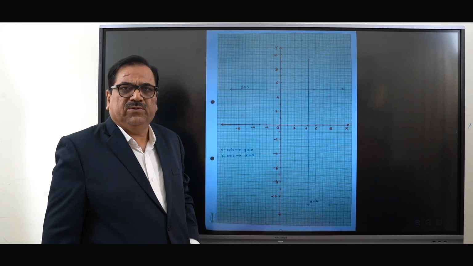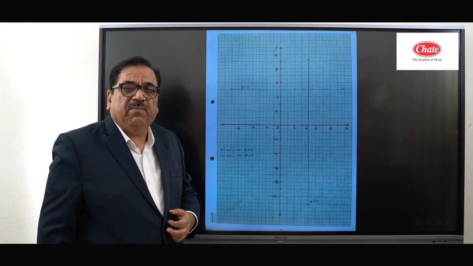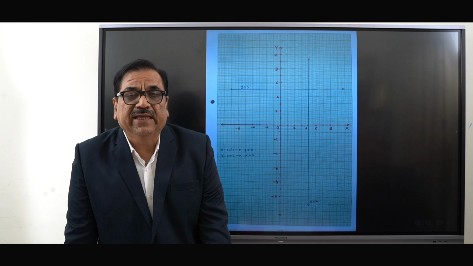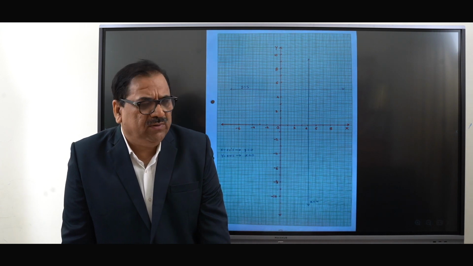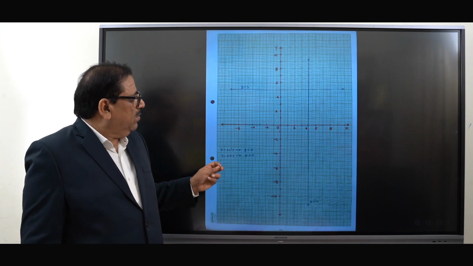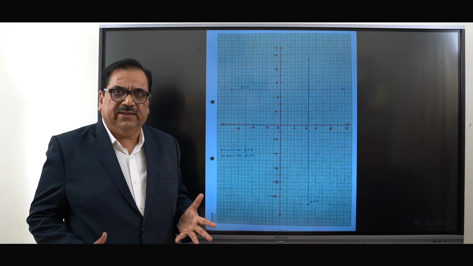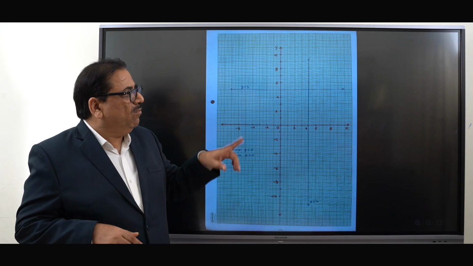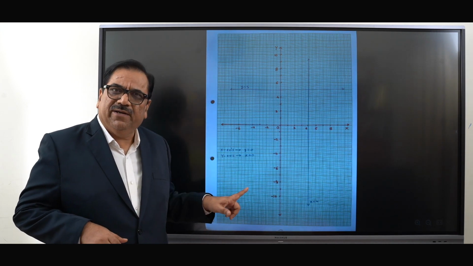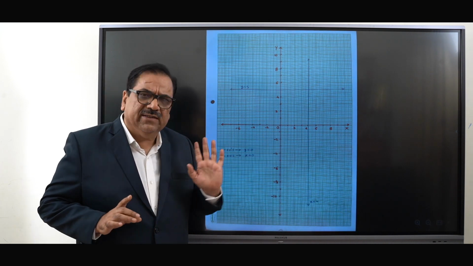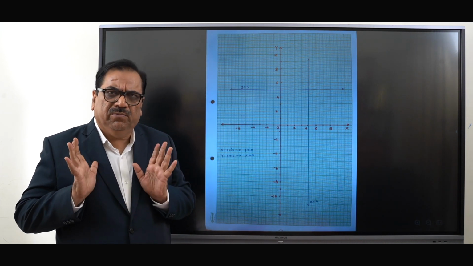So friends, we have seen the information about graphs, how to plot a linear equation on a graph. It is always a straight line. What is the x-axis? A horizontal line. The y-axis, a vertical line, again an assumption. The equation of the x-axis is y is equal to 0.